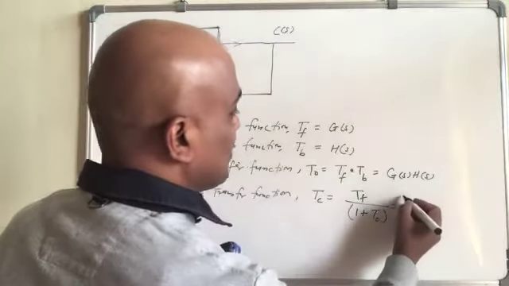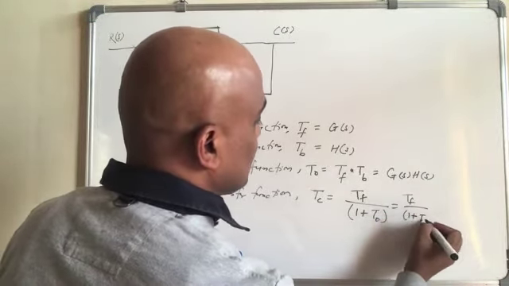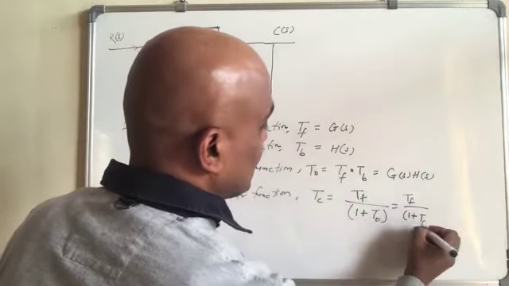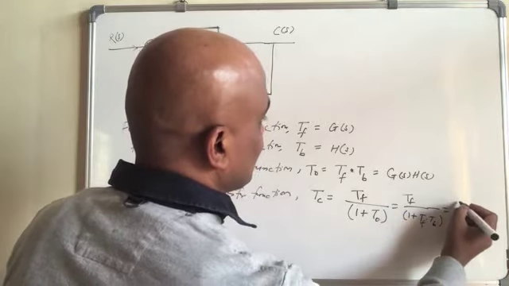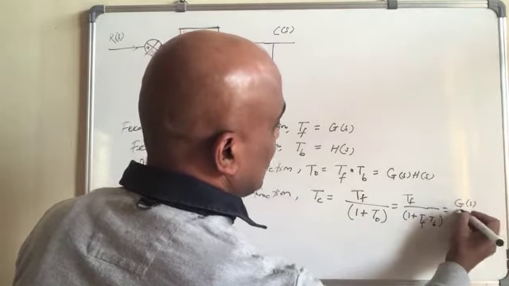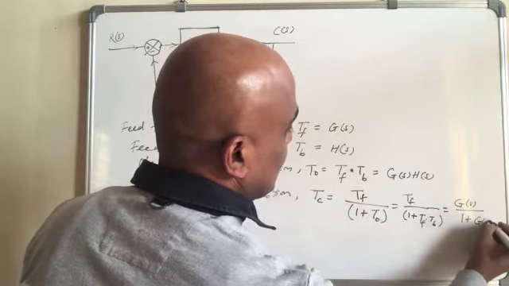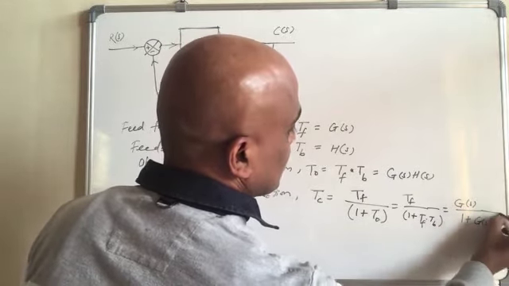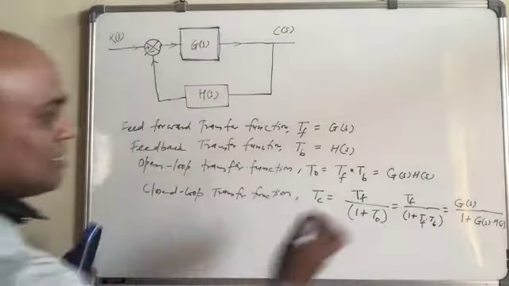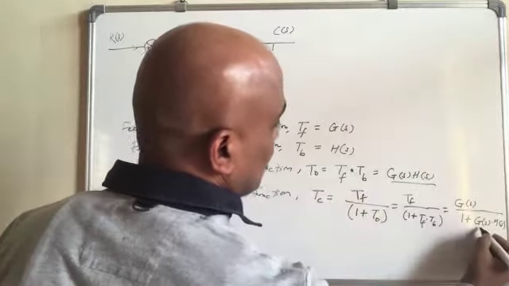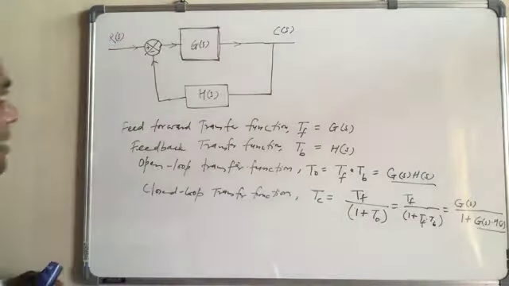So TF over 1 plus TF times TB, which is equal to G(s) over 1 plus G(s) times H(s). This is the closed loop transfer function, and this is the open loop transfer function.